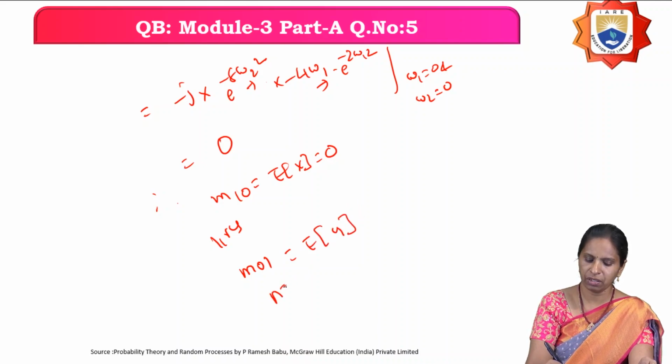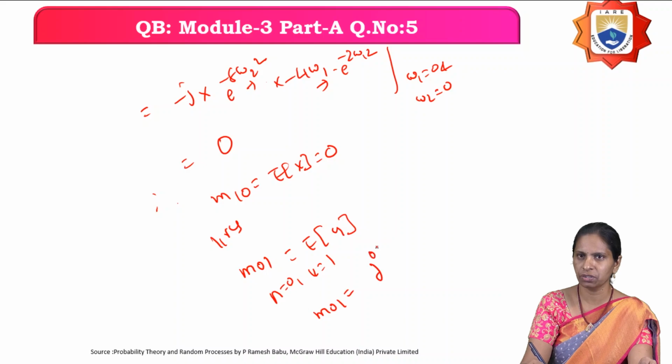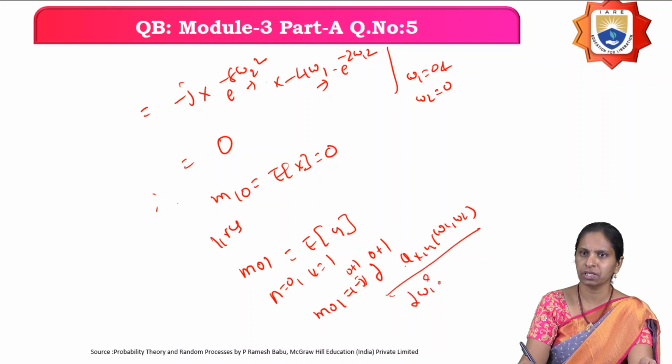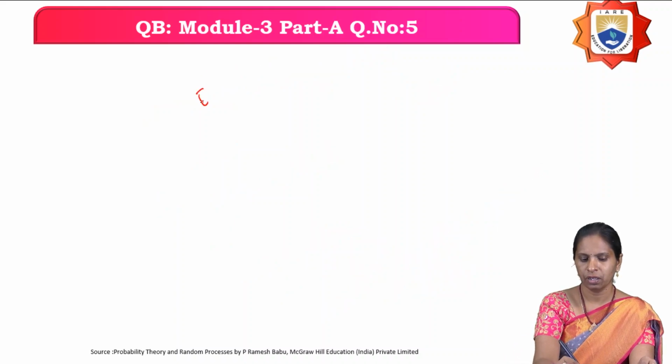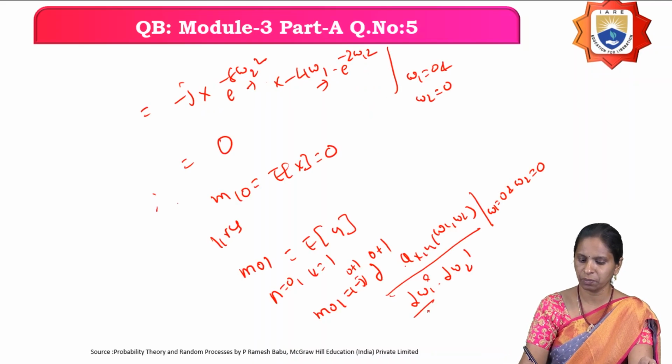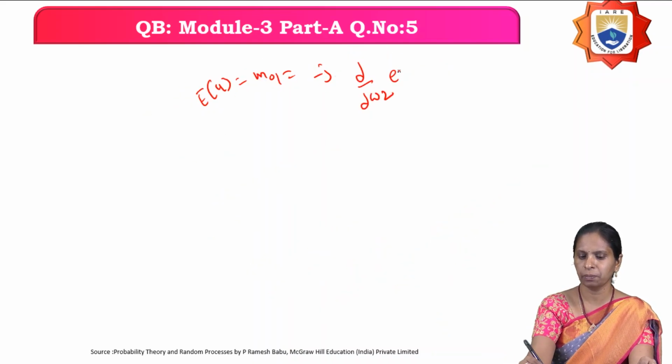Here n value is 0 and k equals 1. So m01 is equal to minus j power 0 plus 1 into dou power 0 plus 1 phi xy of omega 1 comma omega 2 by dou omega 1 power 0 into dou omega 2 power 1, because n is 0 and k equals 1. Then m01 equals minus j into dou by dou omega 2 of e power minus 2 omega 1 square minus 8 omega 2 square.